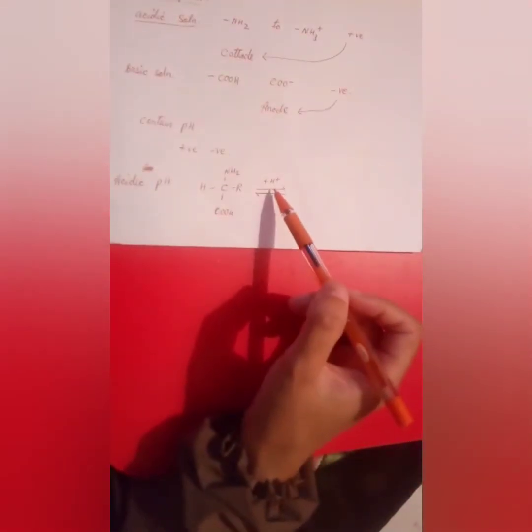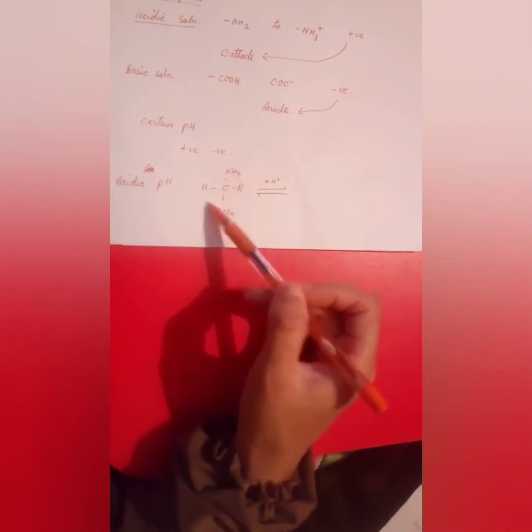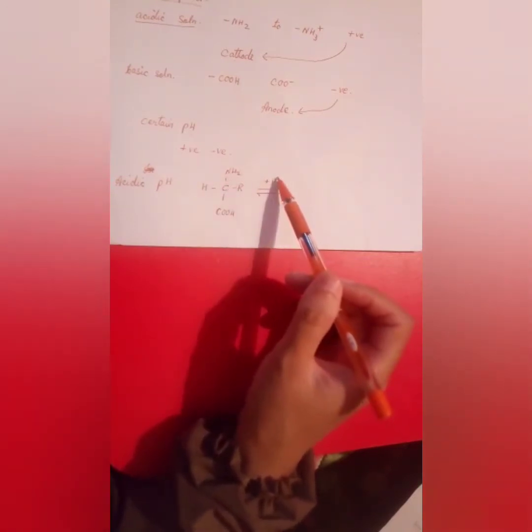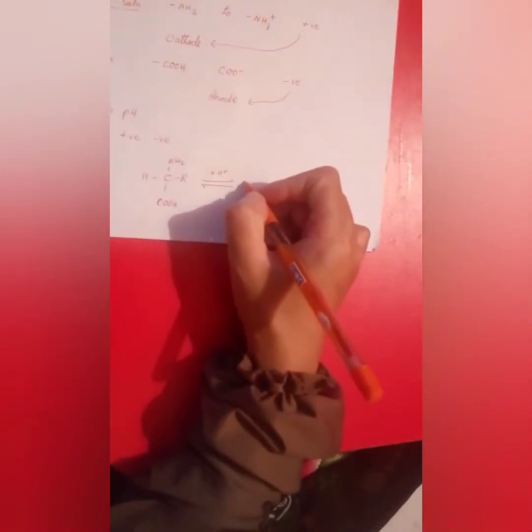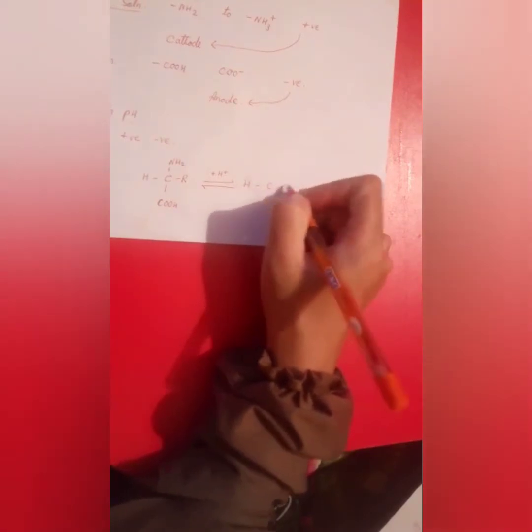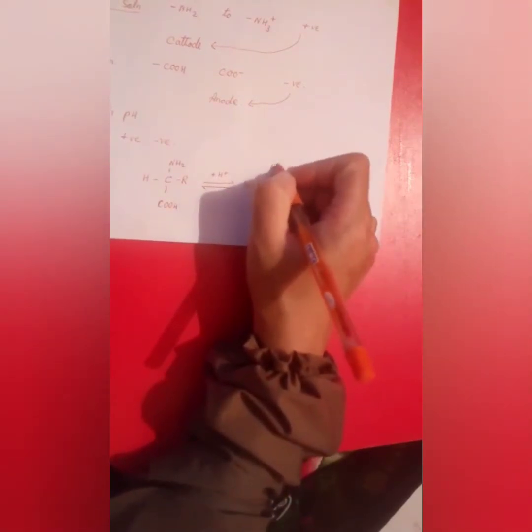So if the amino acid is present in acidic solution, then the proton will come and bind to this amino group inside the acidic pH. This will get the extra proton and it will become positively charged.